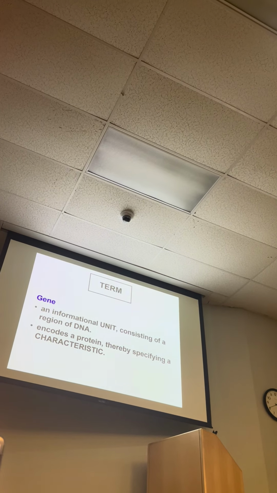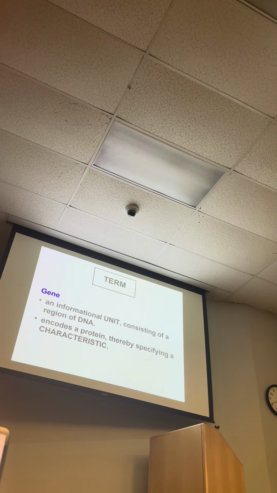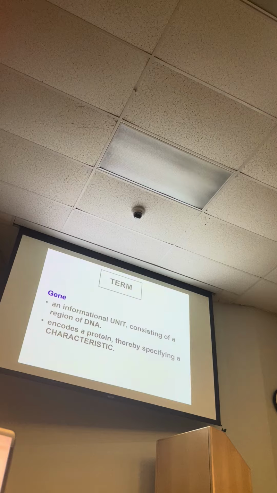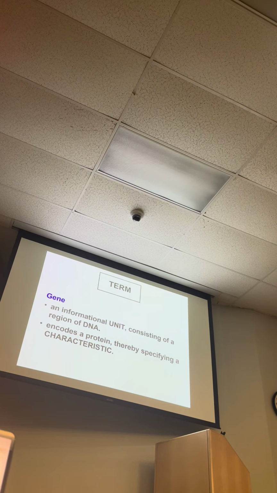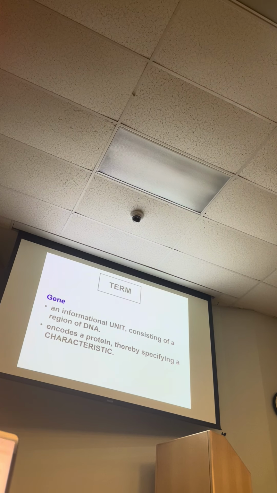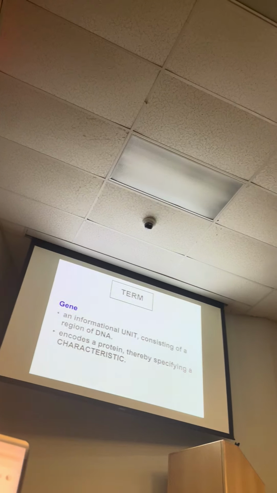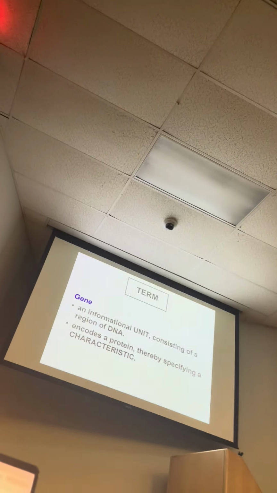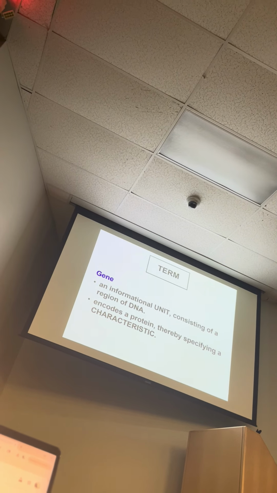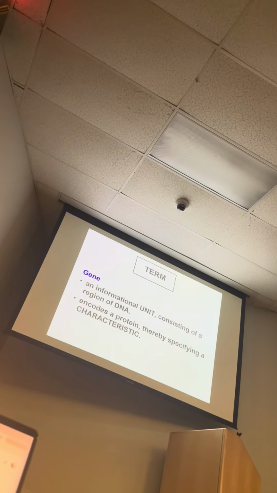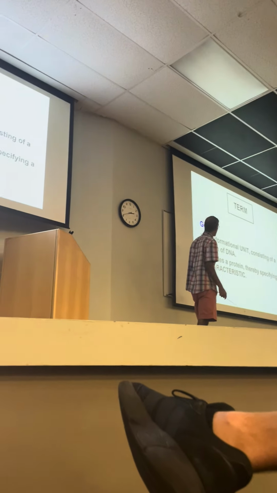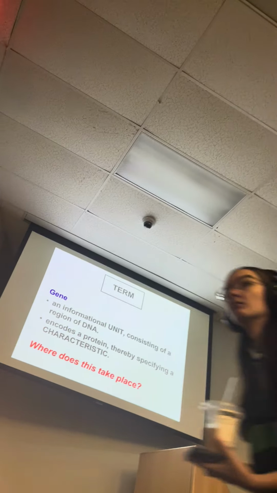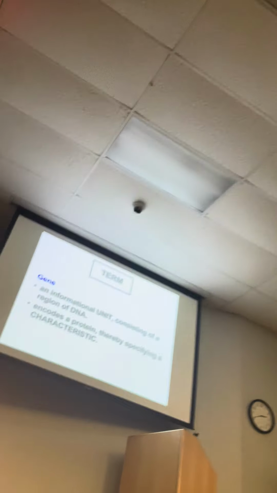The eye color characteristic results from the eye color gene, although people have different eye colors, because there could be variations in the different eye color genes among different people. So the gene encodes the protein, thereby specifying a characteristic. Question about what is a gene? We'll talk more about it to be sure.